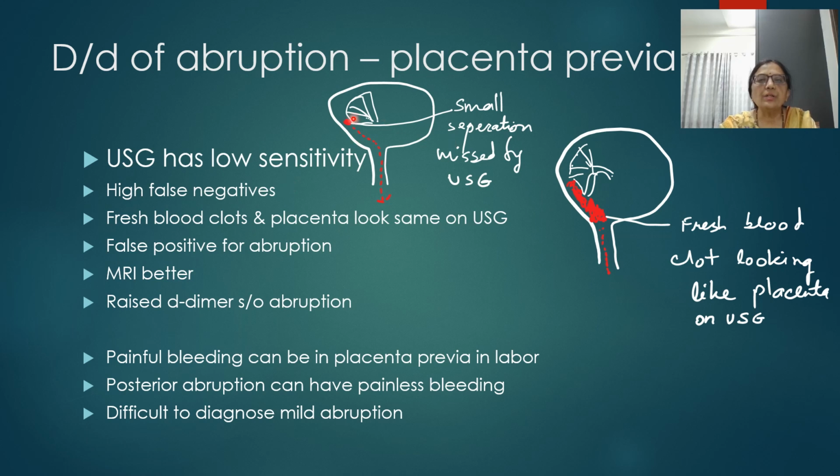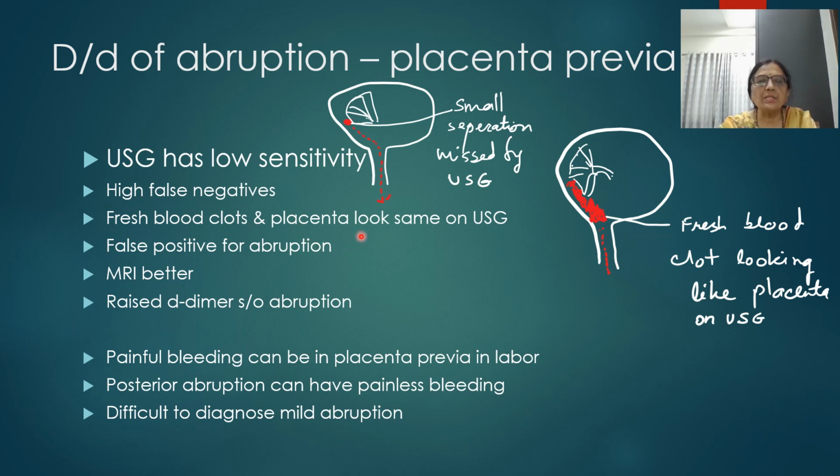If there is a small placental separation, it is missed by ultrasonography because the retroplacental hematoma and the placenta have the same features on ultrasonography. So ultrasonographically, you cannot differentiate between normal placental tissue and a blood clot.